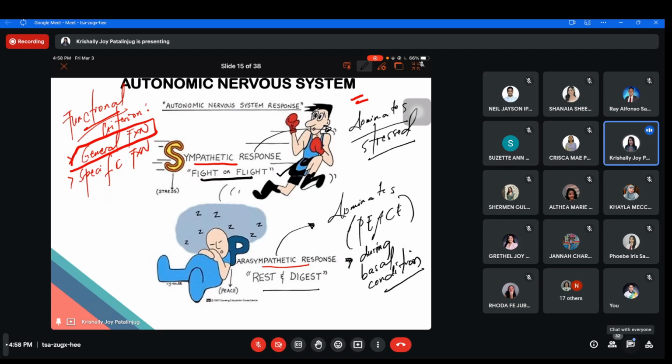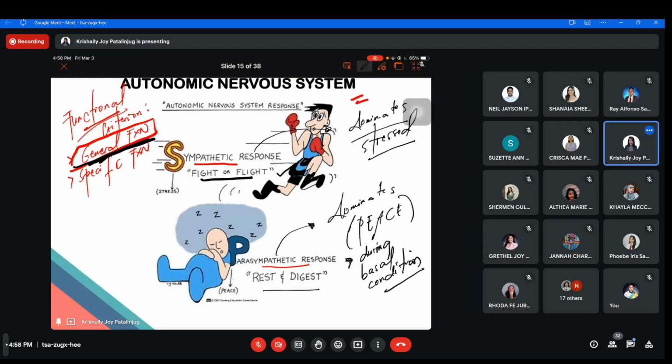Now, I would like to clarify as early as now, kasi baka may misconception along your end, okay? Baka iba yung pagsabot sa difference nila based on function. Now, you may observe na based sa kanilang general function, it sounds opposite to each other. Opposite yung response ng sympathetic, then parasympathetic.